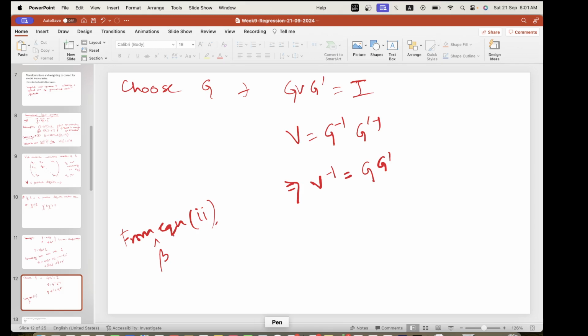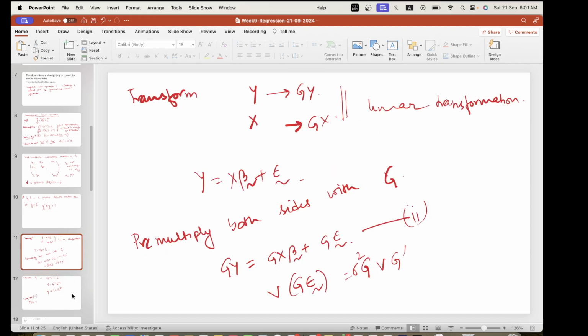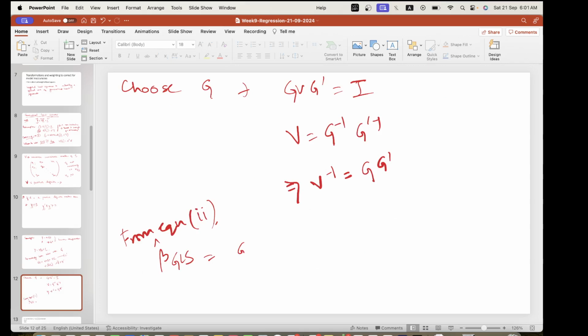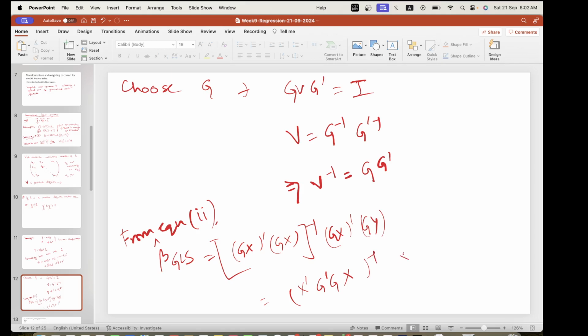So beta hat GLS is equal to X transpose X inverse, so it will be GX transpose GX inverse into X transpose Y. That would be X transpose G transpose GX inverse X transpose G transpose GY.